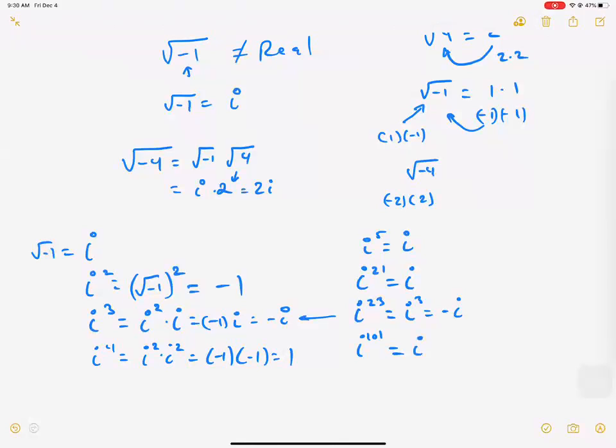What happened to all the other sets of i's? Well, remember, they become 1 times 1 times 1 times 1 times 1, as many ones as you want to write. i to the 4th, i to the 4th, i to the 4th. Every time you have i to the 4th, that just becomes 1. And 1 times 1 times 1 times 1 is just 1. So we reset.